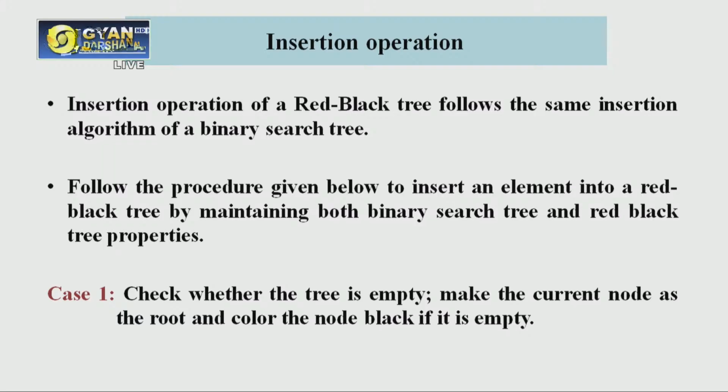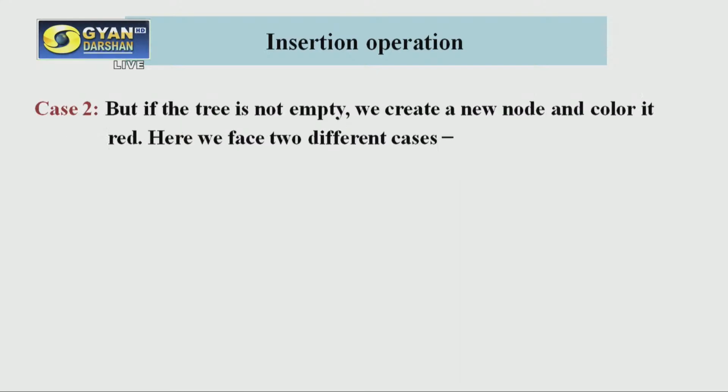So the first node when inserted will be the root and its color will be black. But when we insert the next nodes, the root already exists. So initially we create a new node and make its color red. By making these changes, two different cases arise.